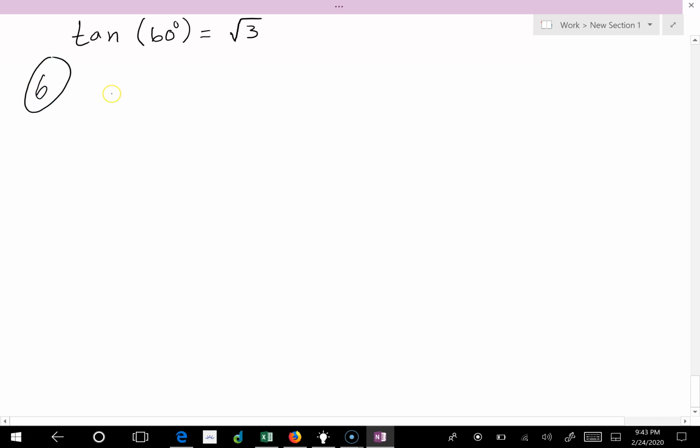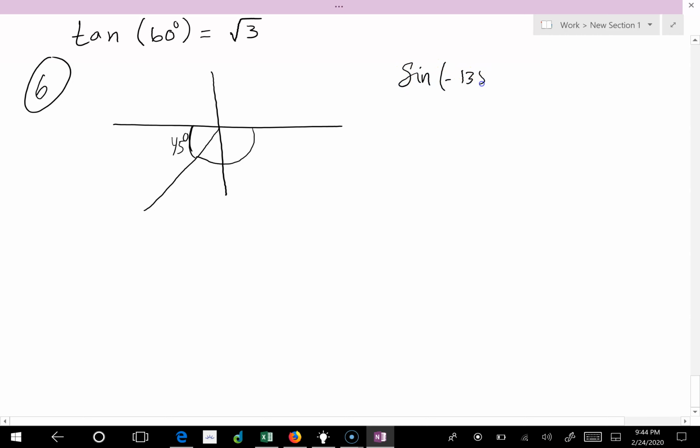is negative 135, and the negative 135 angle is right here. But again, you care about the reference angle of 45 degrees. So that would be sine of negative 135 degrees.